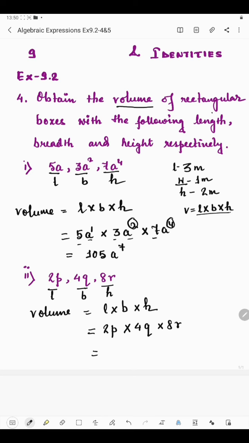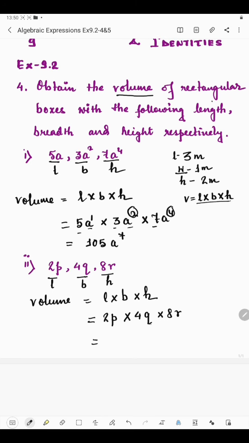We will first multiply the numbers: 2 into 4 is 8, 8 into 8 is 64. Now here we have three variables p, q and r. p is given one time, so we'll write p. Then q is also given one time, so we'll write q, and r is also given one time, so we'll write r. So the answer of this part will be 64pqr.